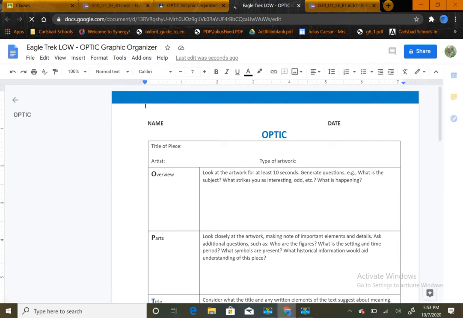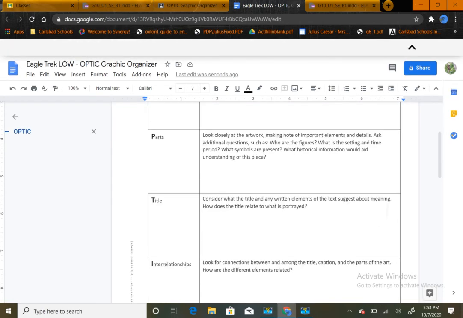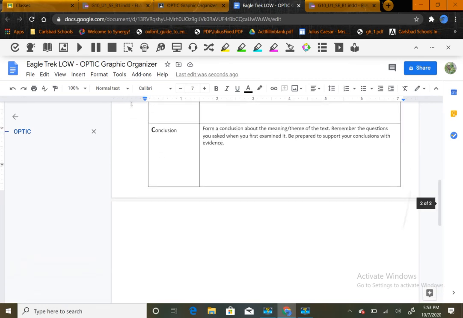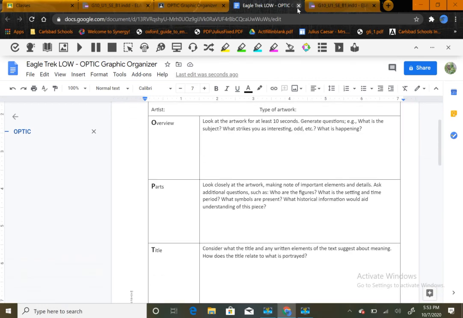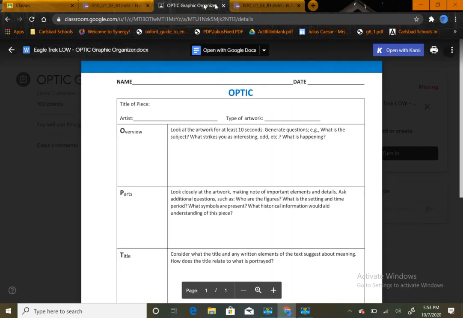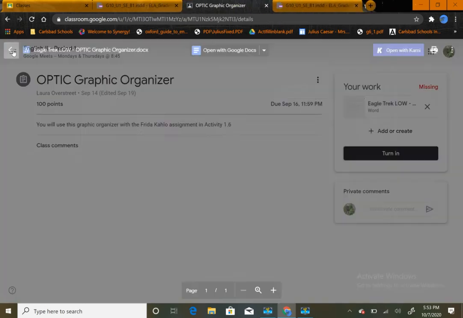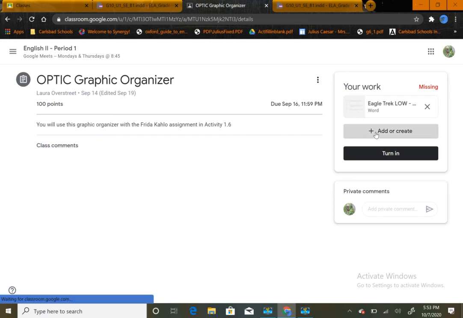Because I did it on the form that was given to me. And the little circles are still going, so I know it's still loading. Now when this stops, that's when I know that it's completely downloaded. If it's blank, then I know my work did not save. Okay, so my work did not save on this. So I can also look to see if it's in my Google Drive.